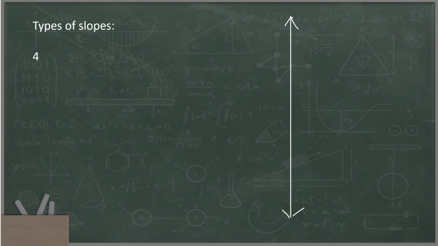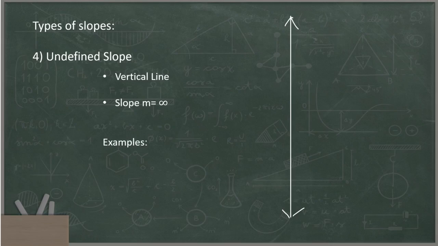Next, undefined slope. Vertical line has undefined slope. The slope of a vertical line is undefined, that is infinite. Examples: x is equal to constant. The form of a vertical line is x is equal to constant, which is parallel to y-axis.